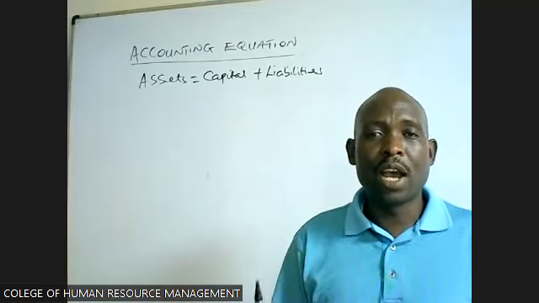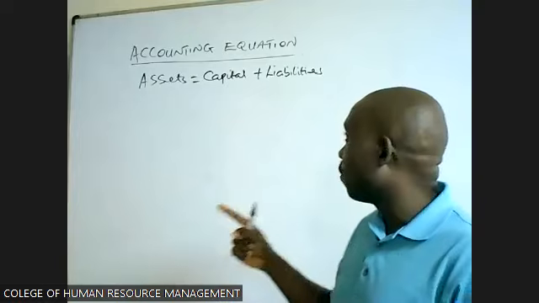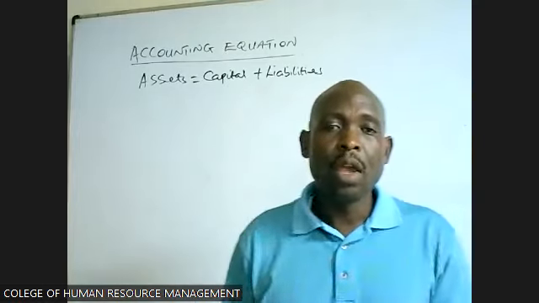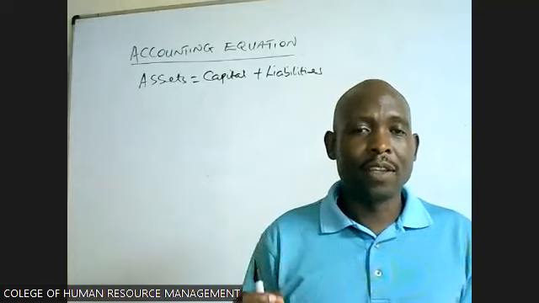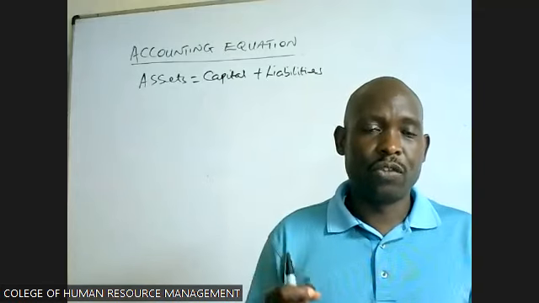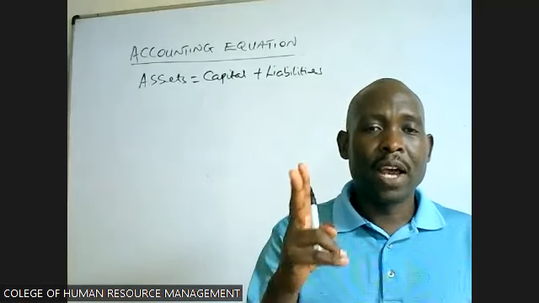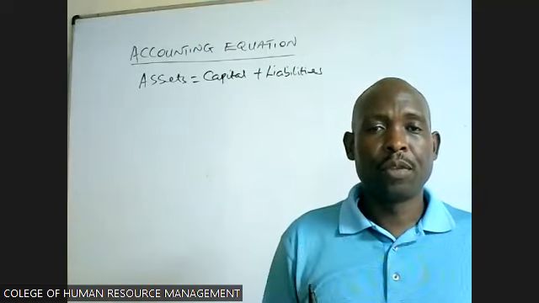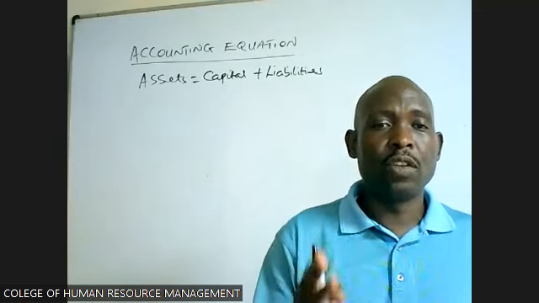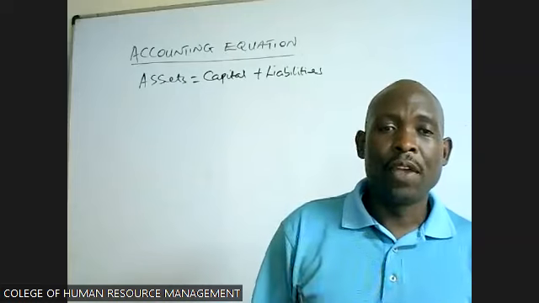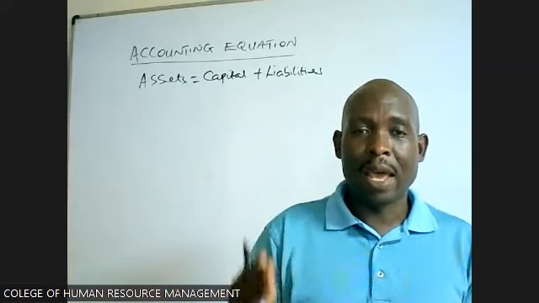So in simple terms, we can summarize this equation as follows. The total value of assets the business owns is normally financed in two ways. Either they are financed using the capital or they are financed by liabilities.